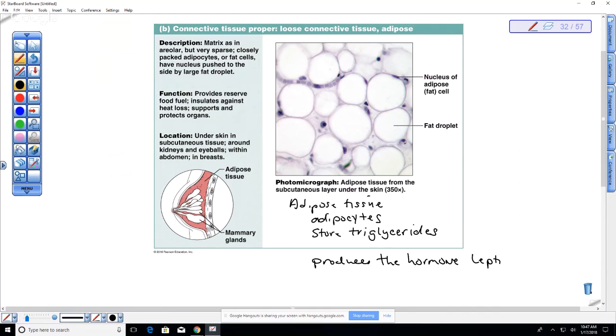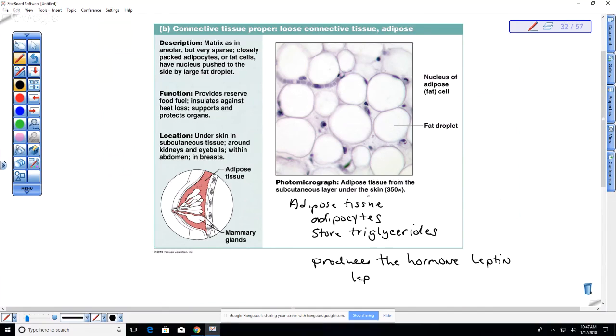So one of the really interesting things recently is we've discovered that not just endocrine systems produce hormones, but even your bones are believed to produce hormones now. And fat cells are used to produce leptin. And leptin helps to regulate appetite and metabolism.